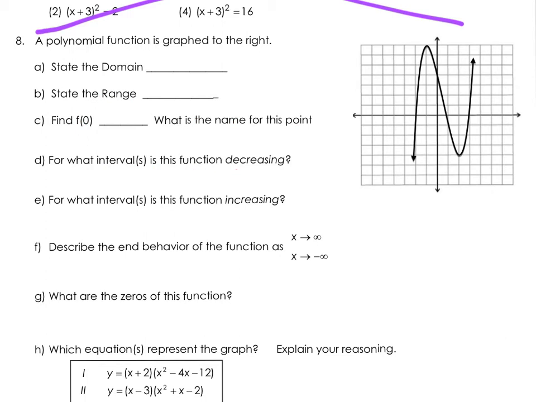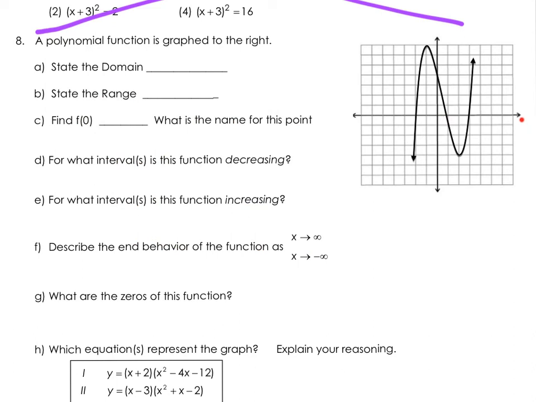So we want to look and see at what point is the function going down. And remember, when you ask for intervals for when something is happening, those are x values. So you're going to want to use x values to represent this, and x values to represent the interval for when it is increasing.